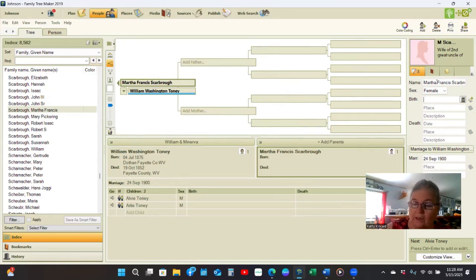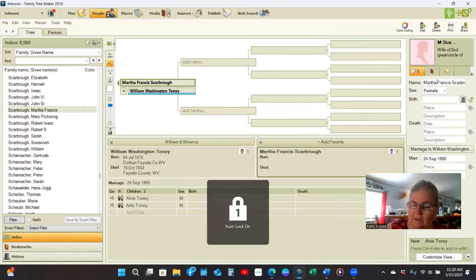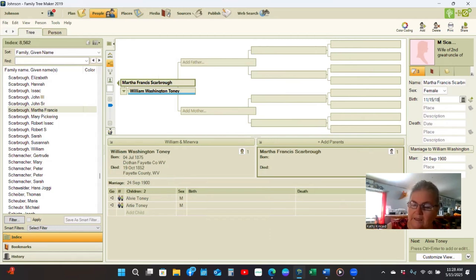So she was born 11/15/1876. I'm just copying, if you're wondering, copying it off of what I wrote down off of the thing. You have to be really careful in doing that. Whoops. My numbers lock must be off. 11/15/1876. And she was born in Kentucky.